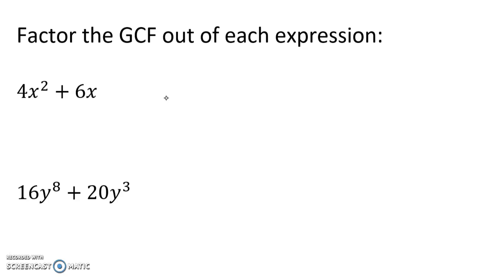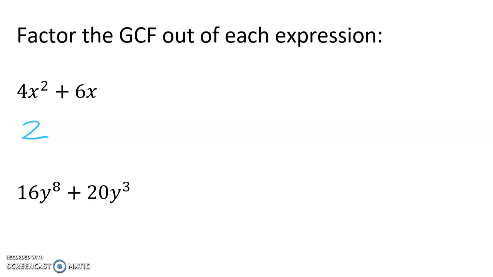So 4x squared plus 6x. If I look at the 4 and the 6, well, I could divide 4 by 4, or 2, or 1. 6 I could divide by 6, or 3, or 2, or 1. I can see that the greatest common factor there is 2. And then I've got x squared and x.